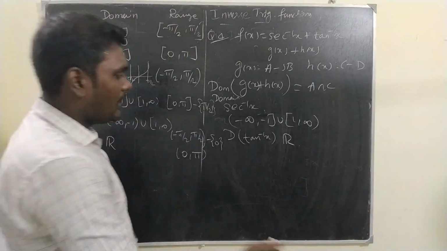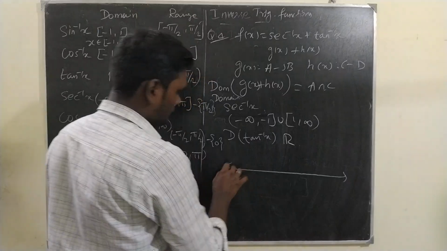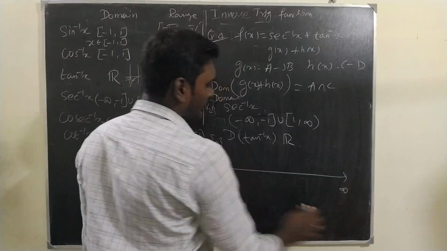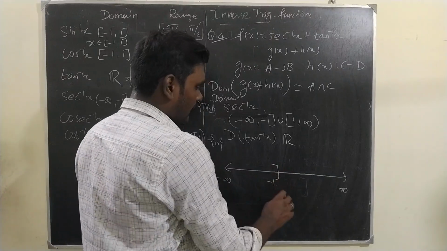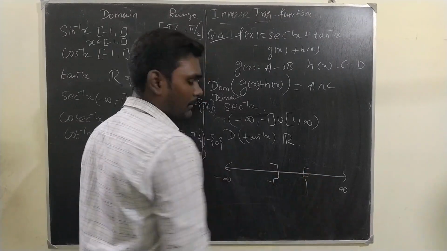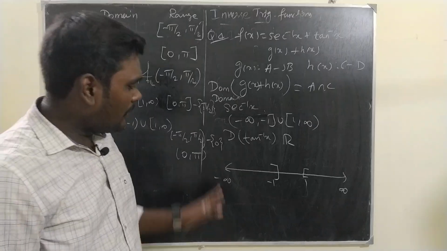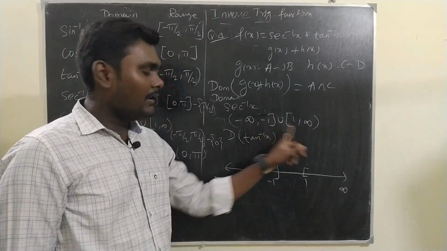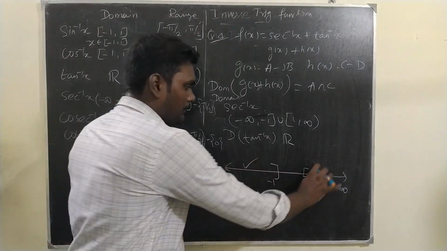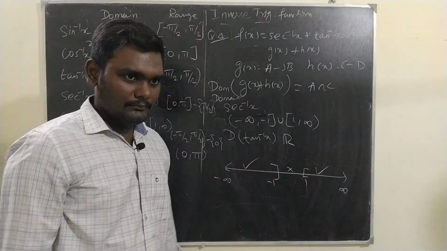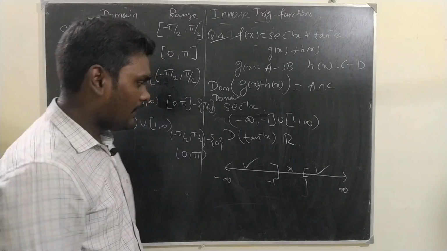Now what is common for these two? We can't take minus infinity to plus infinity fully because it is restricted by minus 1 and plus 1. So what is common for both is this only. This won't come, because that is the common intersection as I told.